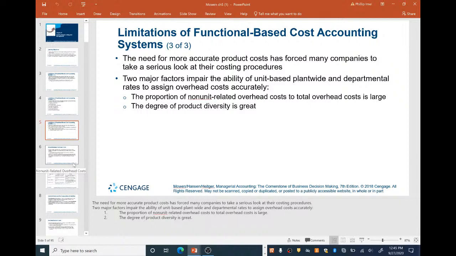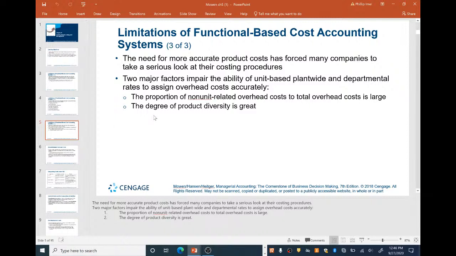Two of the major factors that are going to impair the ability of unit-based plant-wide and departmental rates to assign overhead cost accurately are the last two bullet points on this slide. The first is that the proportion of non-unit-related overhead costs to the total overhead cost is large. The second is that the degree of product diversity is great.